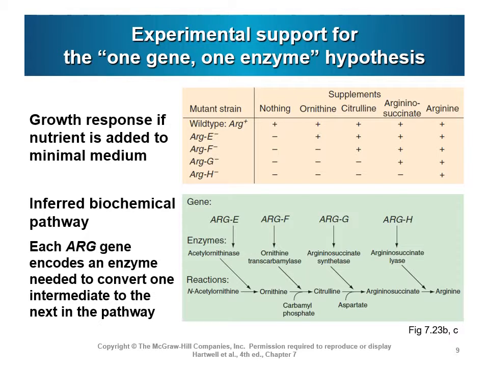However, when we add arginosuccinate, we see that we are having growth of arginine E, arginine F, arginine G, but not arginine H. That's how we determine that that's what the arginine H gene is responsible for. It's responsible for synthesizing arginine from arginosuccinate.